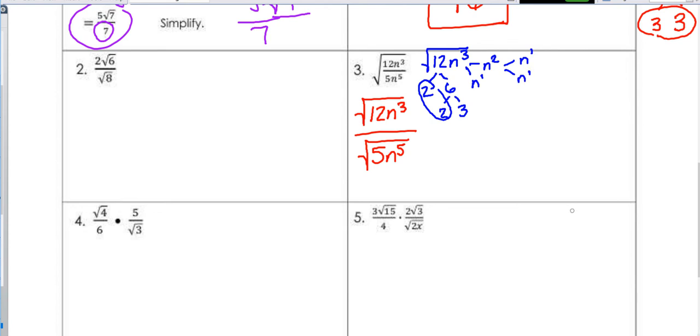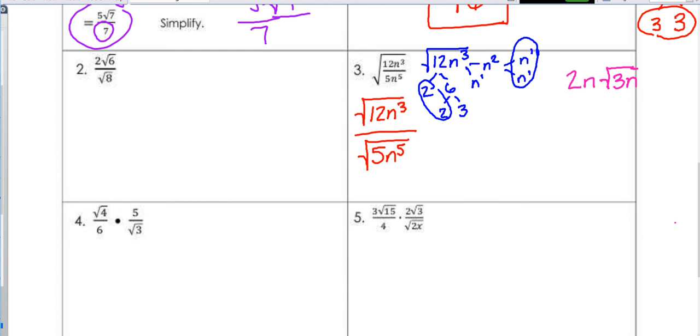So remember, with variables, we have to add the exponents. Okay, so my new numerator is 2n square root of 3n. Okay, so this is just going back to what we already know.